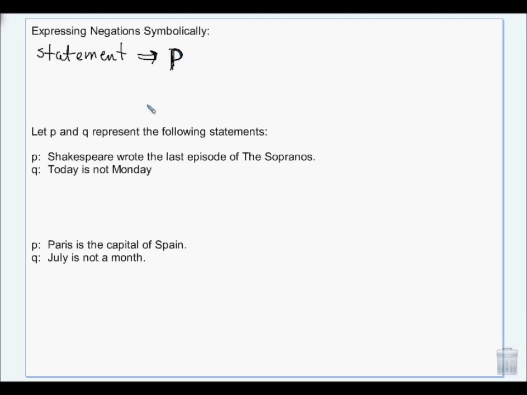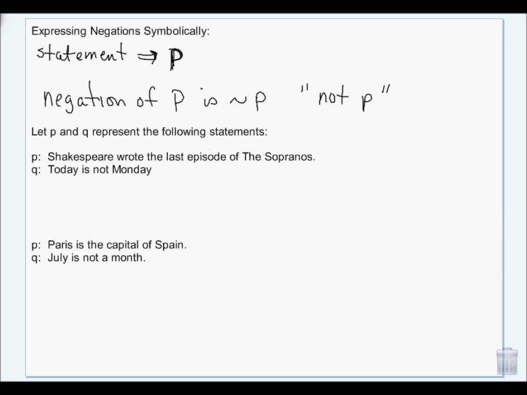When we're talking about symbolic statements, we use P, Q, and R. So our first statement, we'll call it P. So the negation of P, you put that little tilde in front of it and you say this is not P. That's how you would read that, not P. So we have P and we have not P.